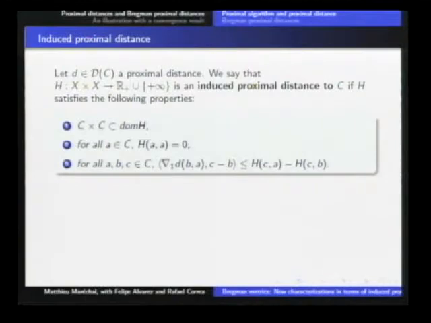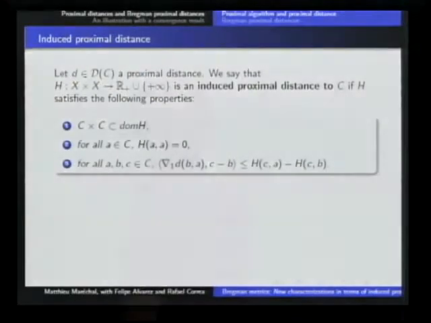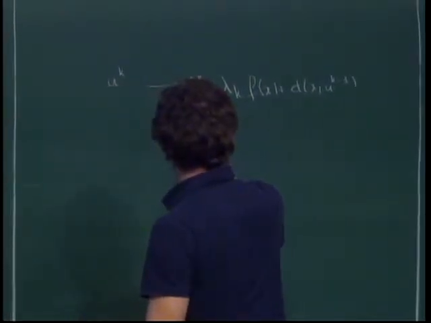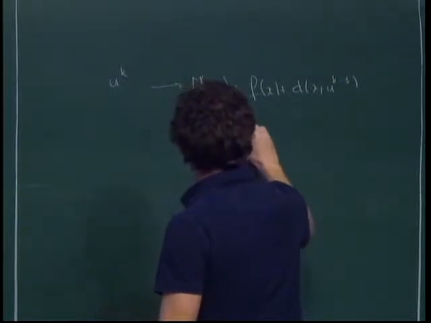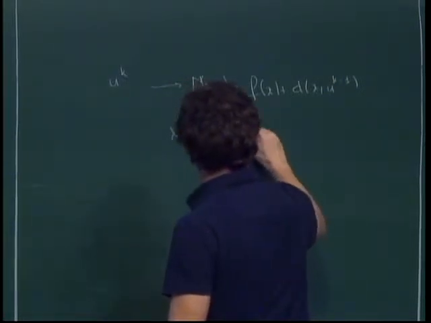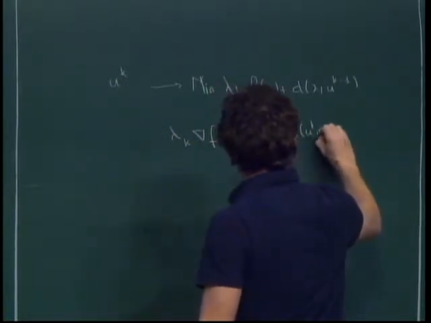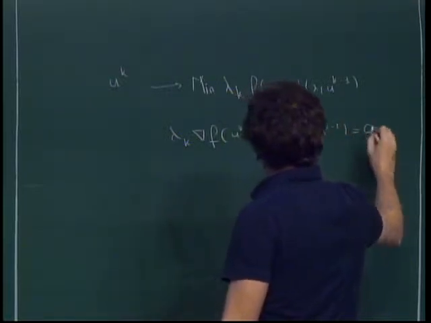To explain this quickly, the proximal algorithm minimizes lambda_k f of x plus d of x and u_{k-1}. That gives the solution which is u_k. That means we have lambda_k times the gradient of f at u_k, or the differential in infinite dimension, plus the gradient here at u_{k-1}, equal to 0.